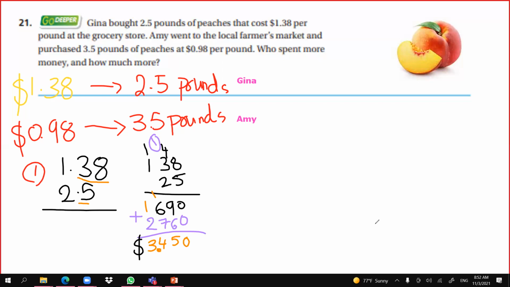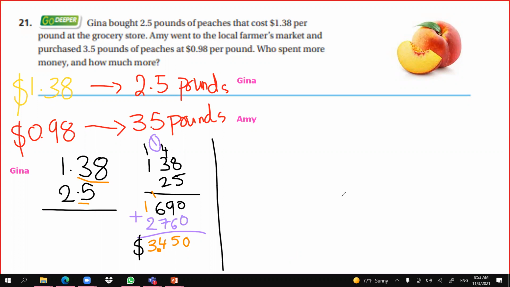Now let's find for Amy. Let's choose Hunada. Yes, Hunada.